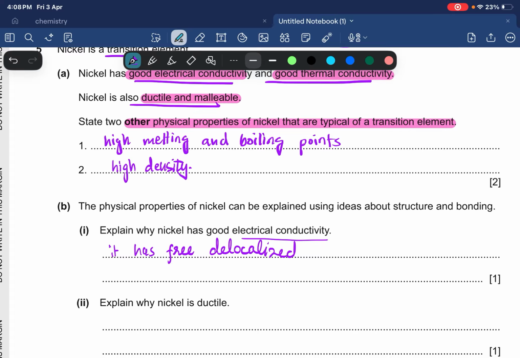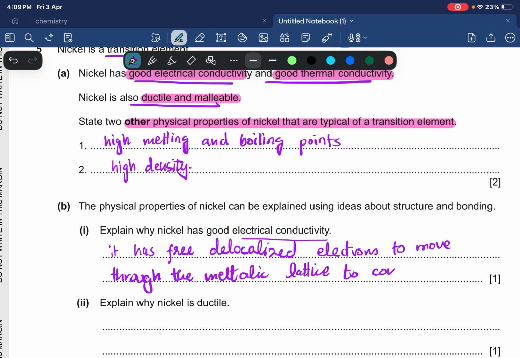When they all come out, you don't know which electron came out from which atom. It has free delocalized electrons to move through the metallic lattice to conduct electricity.